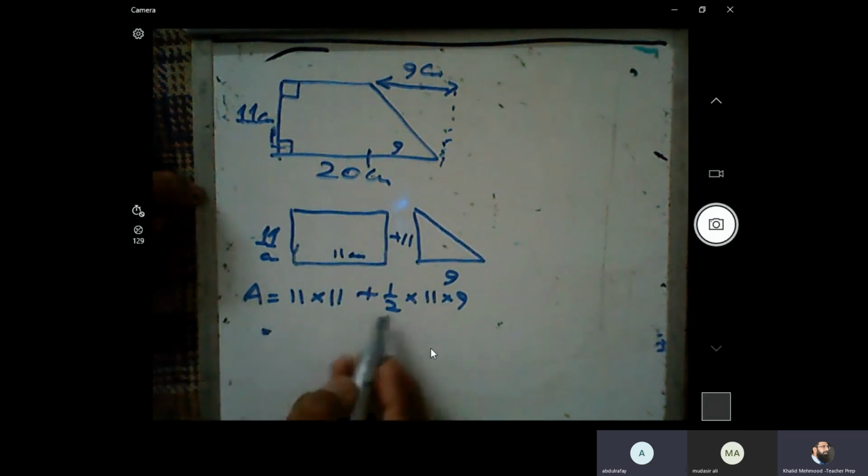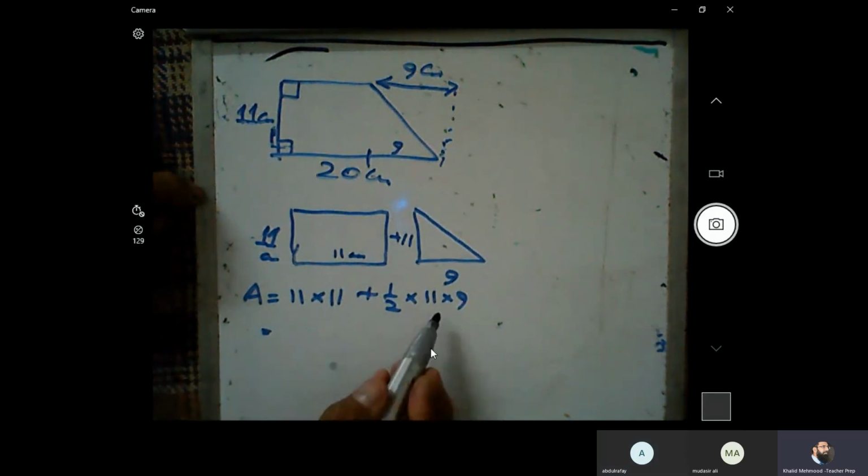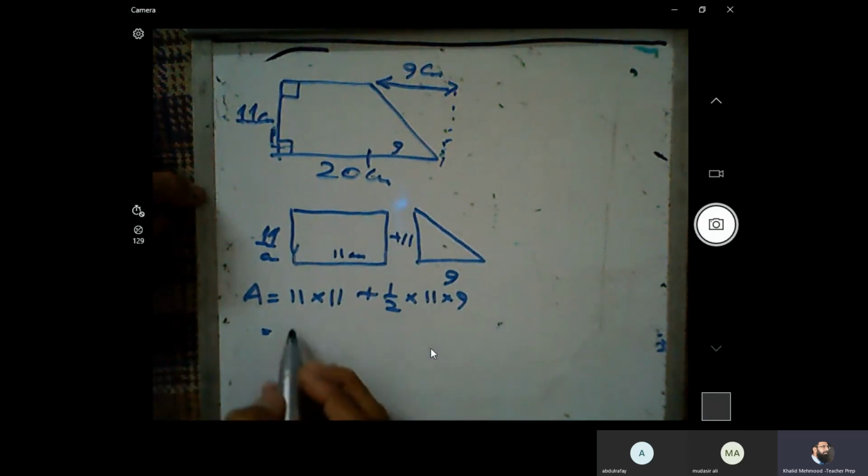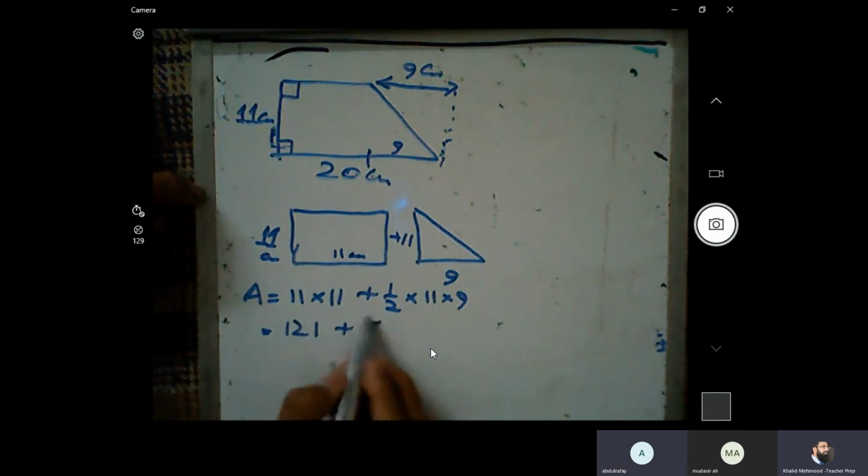This could not be simplified, so we'll write it in the same way and then divide. So 11 multiplied by 11 is 121 plus 99 divided by 2. So how much will this be?